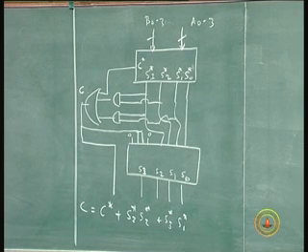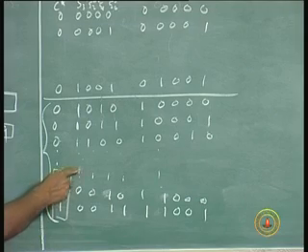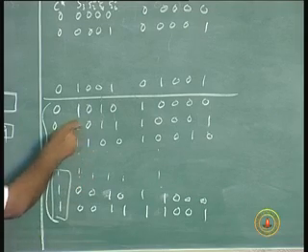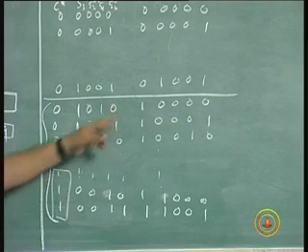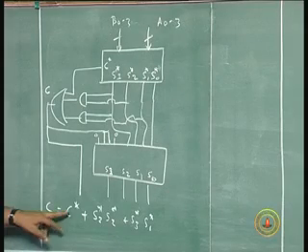If you write the full truth table, you will find that the pattern will emerge whenever there is a 1 here, or whenever there is a 1 here and here, or whenever there is a 1 here and here. These are the 3 conditions on which I add 6. So, that is what is represented here.